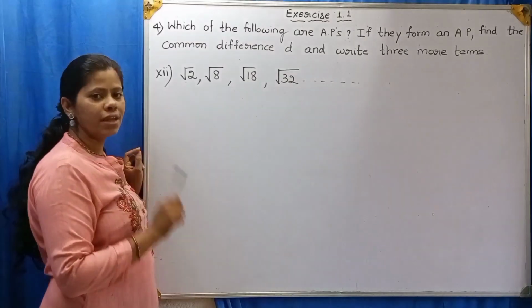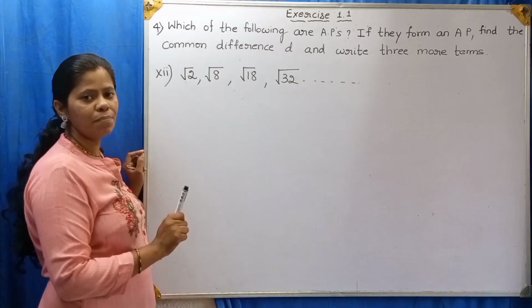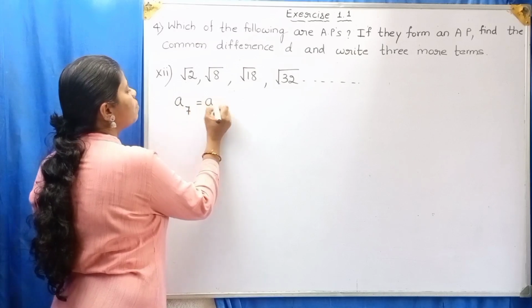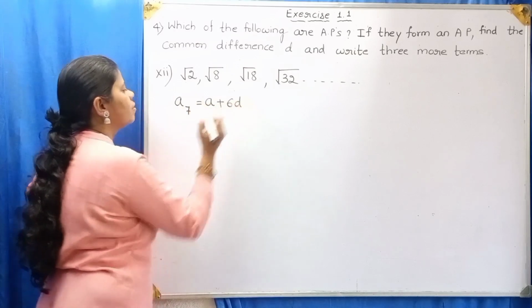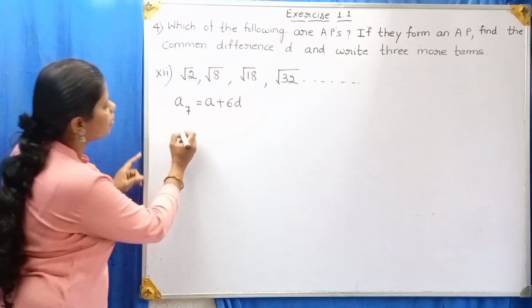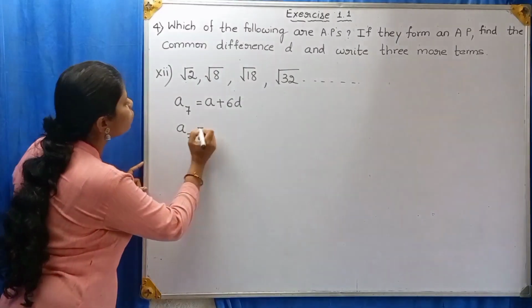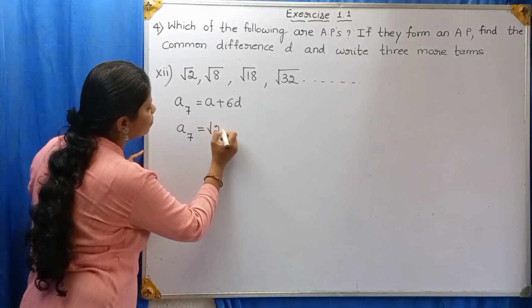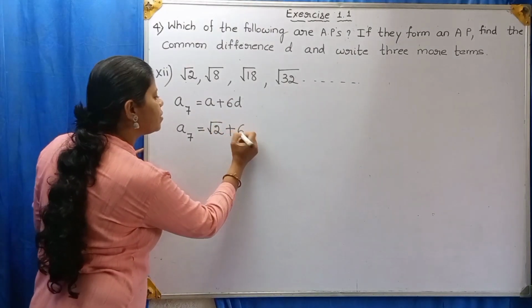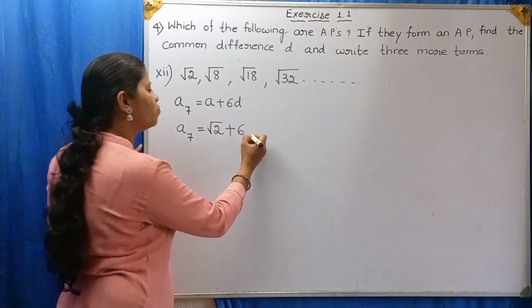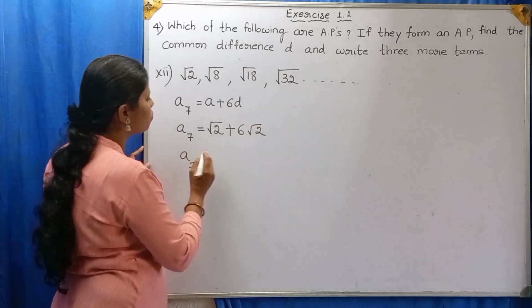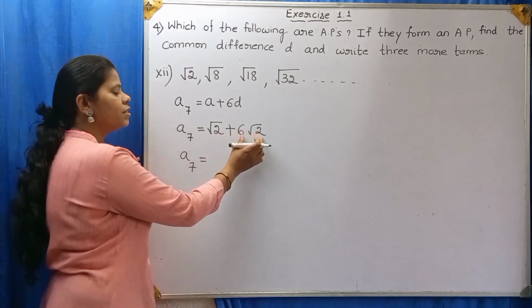Now, let us find out a7. a7 is equal to a plus 6d, right? a7 is equal to a plus 6d. Now, see here. a7 is equal to a. a is what? Root 2. Right? Plus 6. d is what? Root 2. Now, a7 is equal to, this is one term, this is one term.